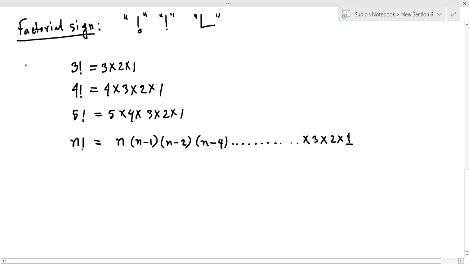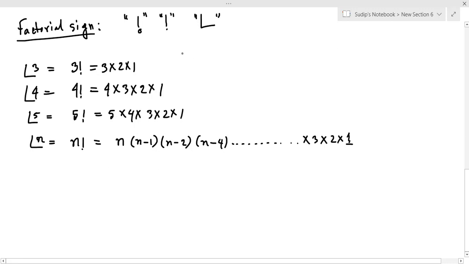Sometimes the factorial sign is written like this: 3 factorial, 4 factorial, or factorial of 5, factorial of n. So I think you could understand the idea of the factorial sign.